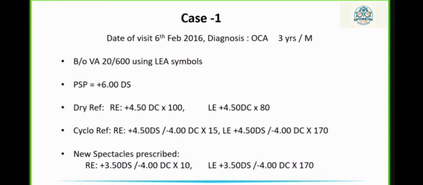And then we should see that my dry refraction value and cycloplegic refraction values are consistent. The only difference you see here is that one is written in plus cylinder form, the other in minus cylinder form. People can transpose and then find it. So about 4.5 diopter of cylindrical error with the rule is expected. The literature suggests that in patients with albinism, a moderate to high amount of astigmatism, 2.5 to 3 diopter or more cylinder, is noticed.